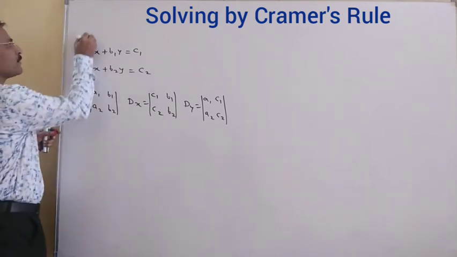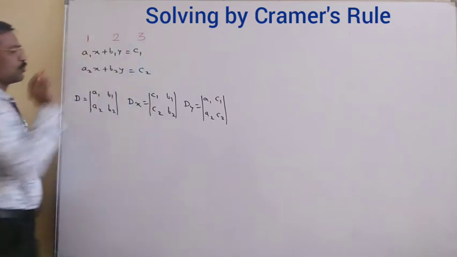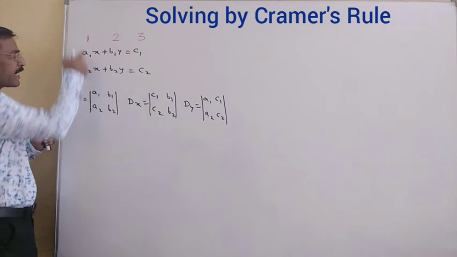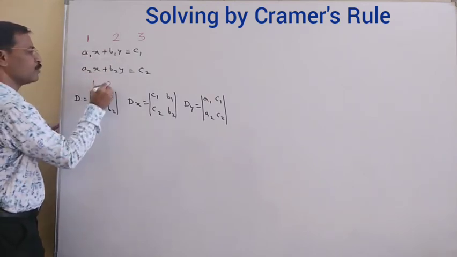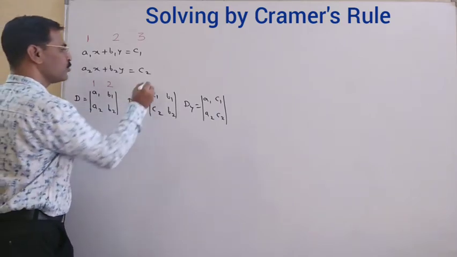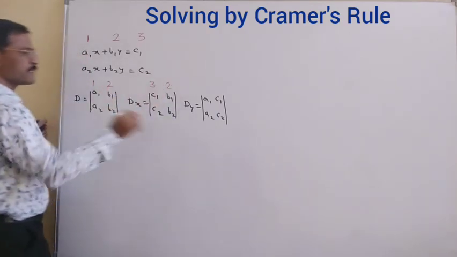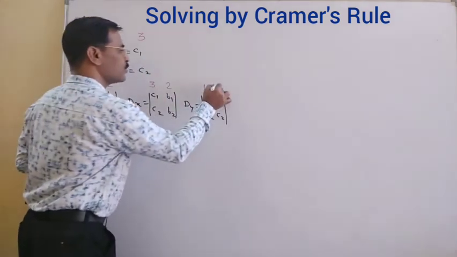This is the first column, this is the second column and this is the third column. For D we take A1, A2, which is column 1, and B1, B2, which is column 2. For Dx we take C1, C2, which is 3, and B1, B2, which is 2. For Dy we take column 1 and then C1, C2, column 3.